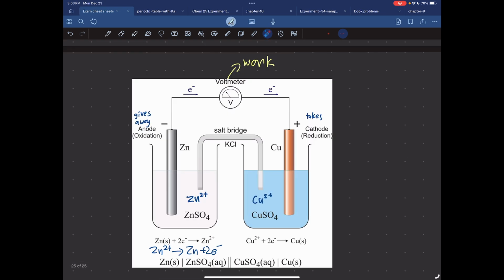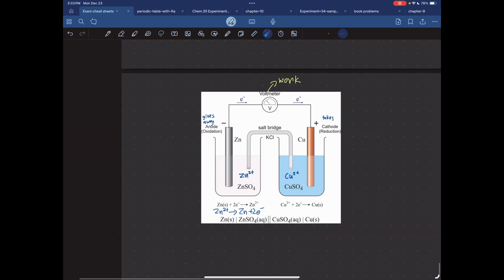And then for the salt bridge, you should know the negative charge goes around in a circle to balance everything out, and then the positive charge would go the other way, of course. And so I think that's about it.